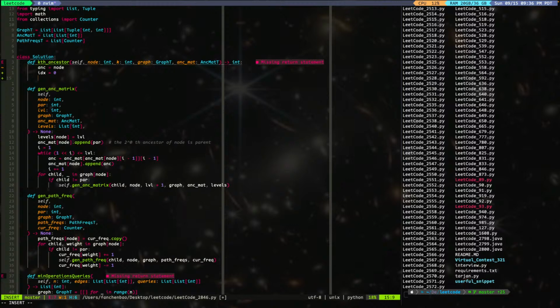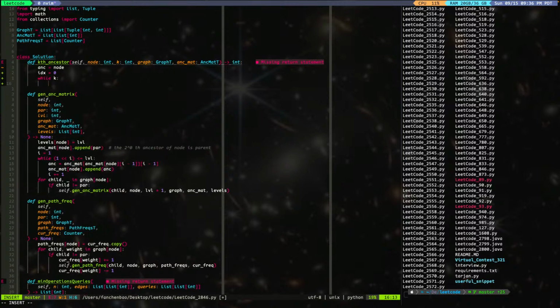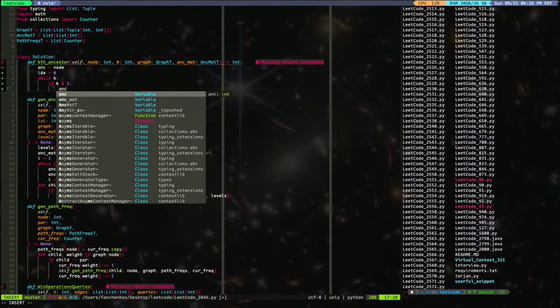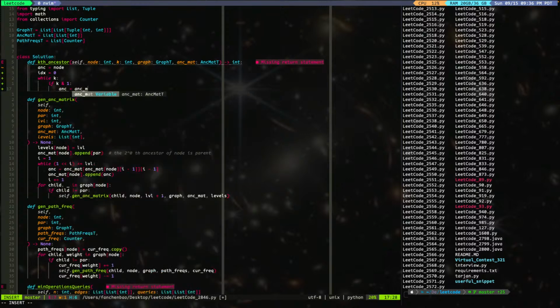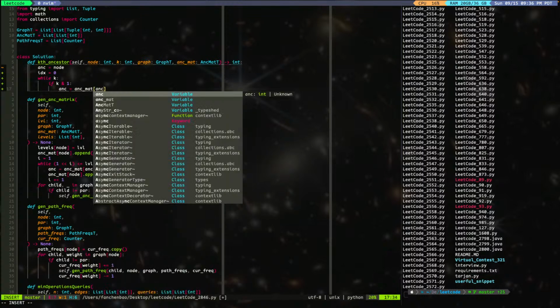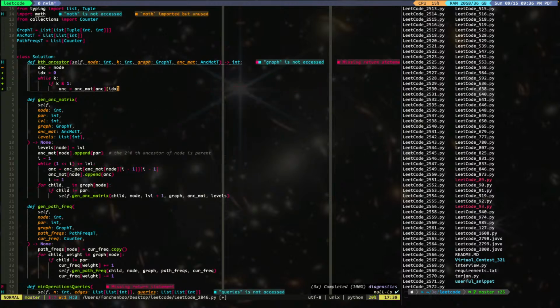Okay, so we should say while k, and we say if k and 1, right? If k and 1 is equal to 1, then ancestor shall equal to ancestor matrix, current ancestor's index.